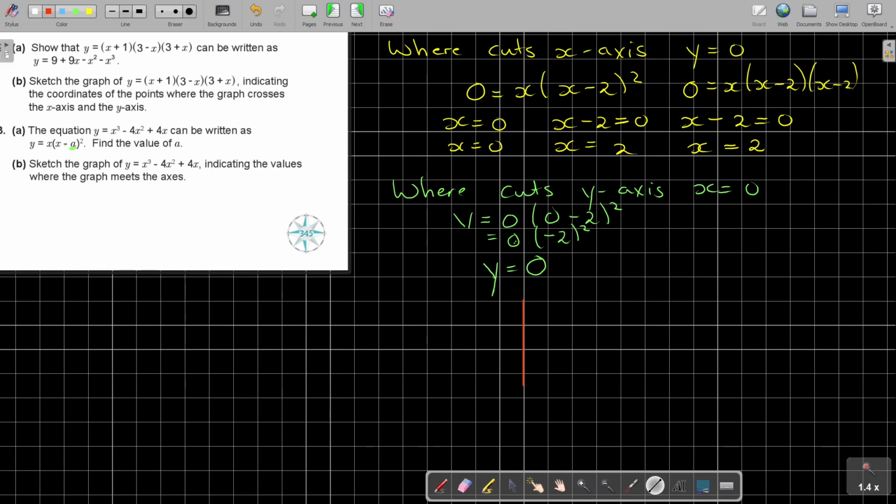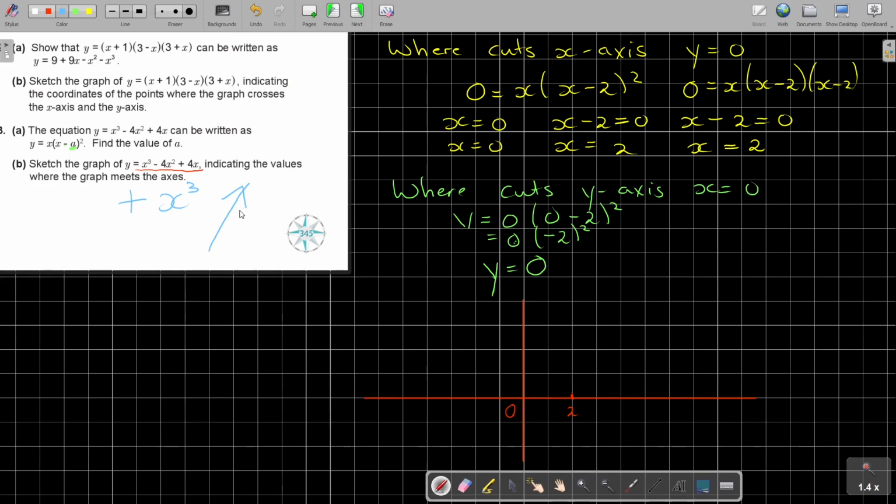Okay, so first let's just get our 2 axes. And then I'm going to go with this one, and this one is 0. This is 0, and this is 1, 2. Let's make this 2. Okay, because that's all we need. Now, can I just go back to the function? If you go back to the function, you will see it's positive x cubed. That means the gradient will first go up.